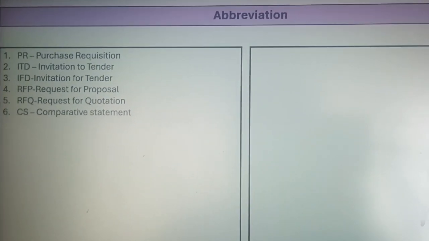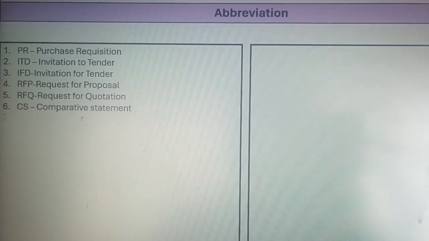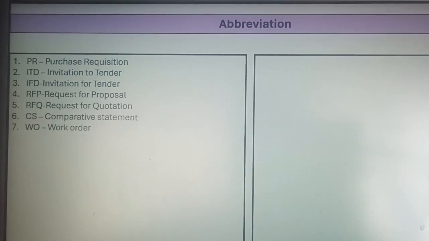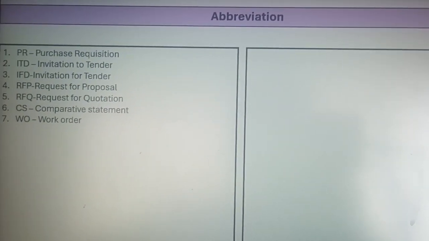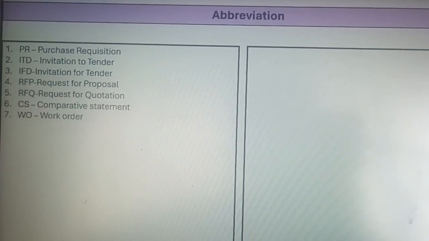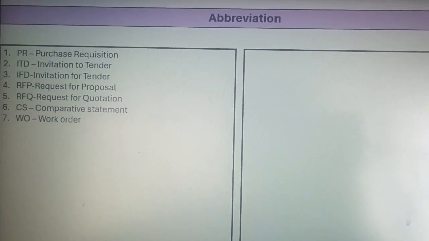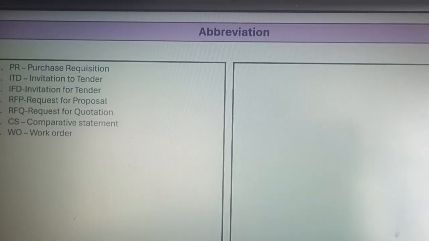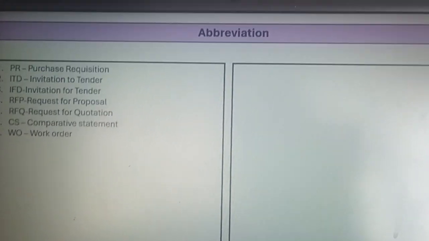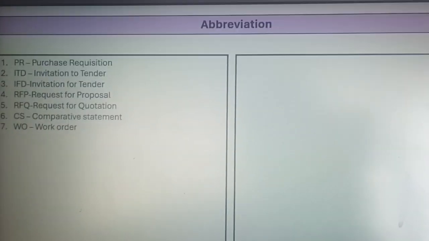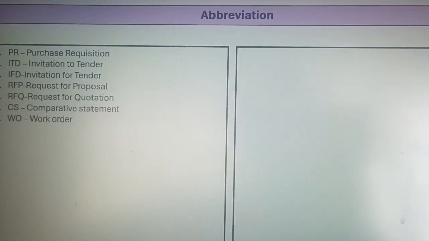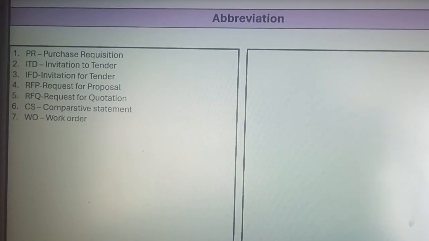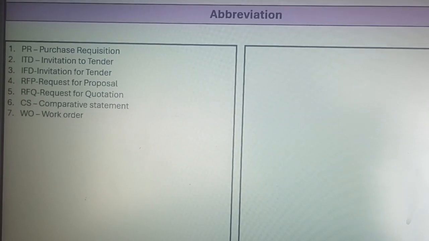So now we will move forward. Seventh point is a work order, which we already discussed previously in earlier videos.